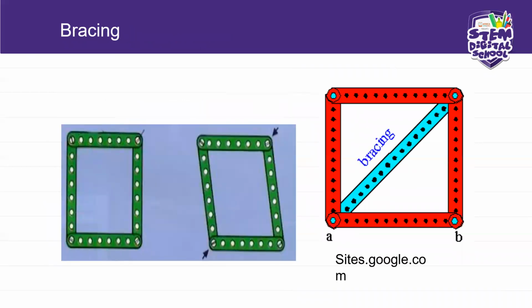There is bracing. You introduce a structural member that you are going to put diagonally in your square or rectangular shape. All right.